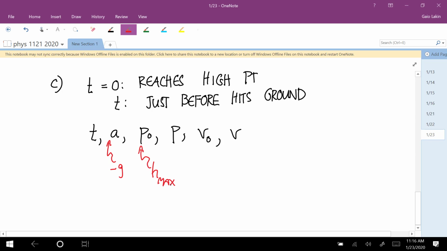And what's the position when time is t? 0, yep. And what's the velocity when time is equal to 0? 0, because our time equals 0 is when it's at the highest point. So the velocity has to be 0 at that instant. That's the thing that makes me think this is probably going to look a little nicer than what we would start out with going the other way. And then we're trying to calculate this v.